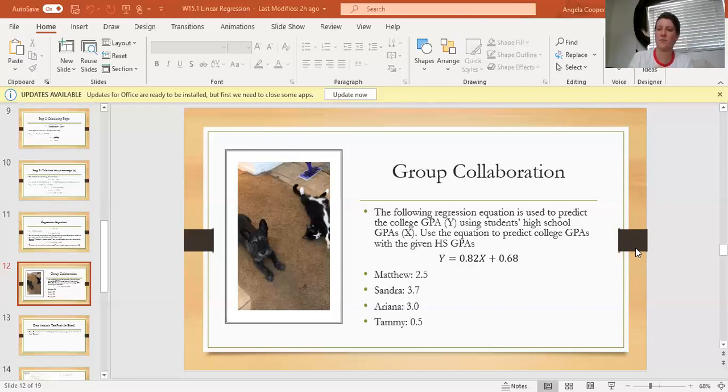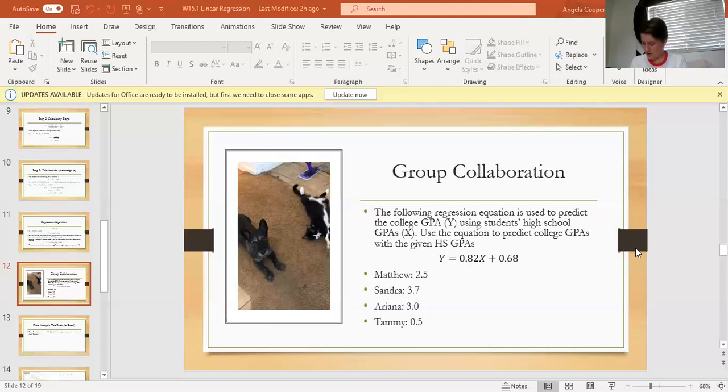And finally, the infamous Tammy, her GPA in high school was 0.5. How did she graduate? Now 0.82, again our slope, times our predictor variable, our x. So 0.82 times 0.5, I got 0.41. And now we're adding our y-intercept of 0.68.